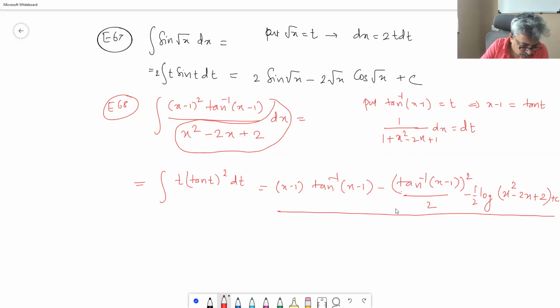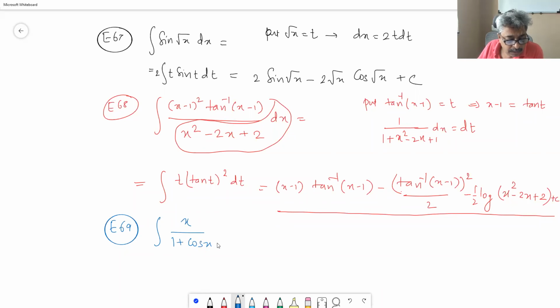Couple of more problems and we are done with integration by parts. Okay. E69. Integral x upon 1 plus cos x dx.